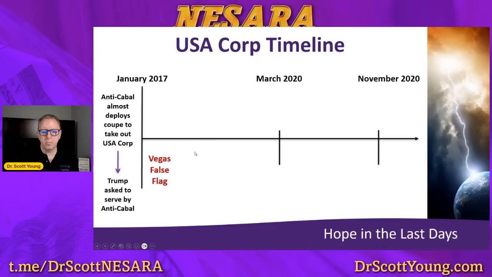Now, on October 1st of 2017, we have the Vegas false flag. Many of you might remember there was a concert. It was a country concert, down by the hotels down there, and there were some crazy kinds of things, and it was always a lone nut shooting from a high perch.